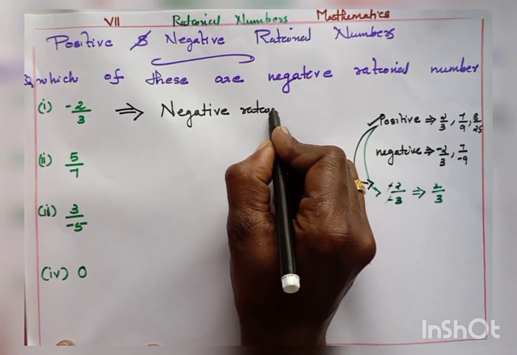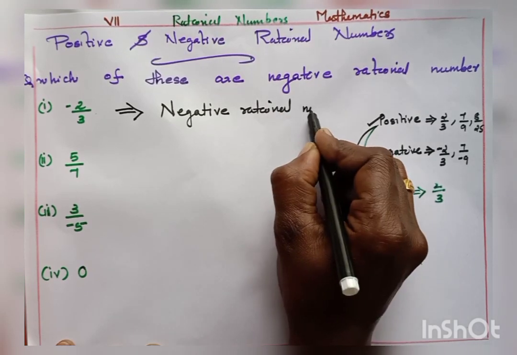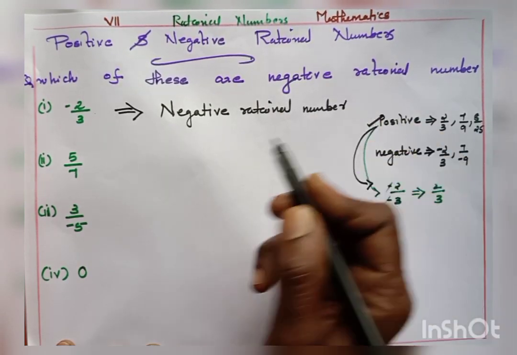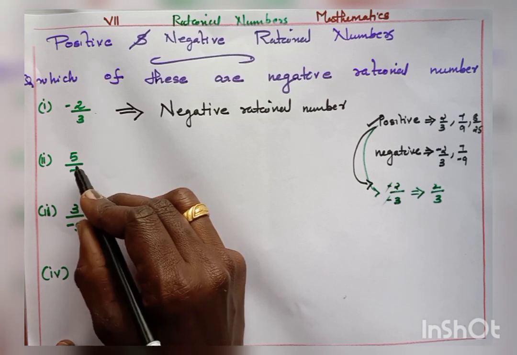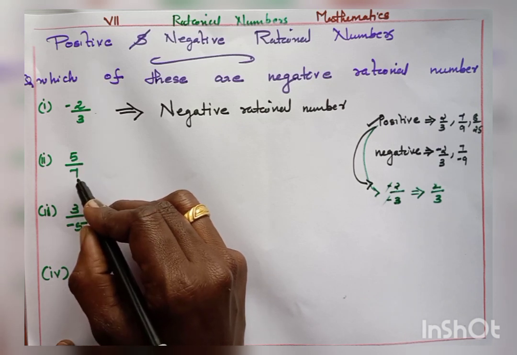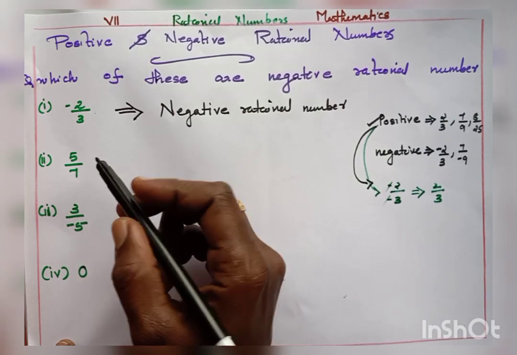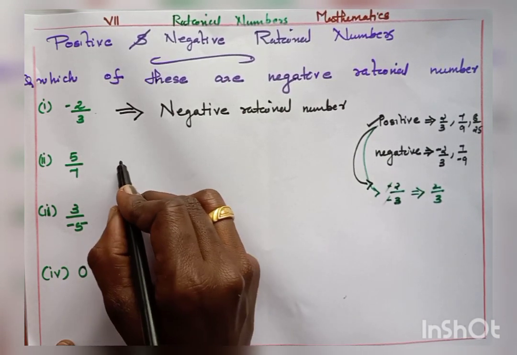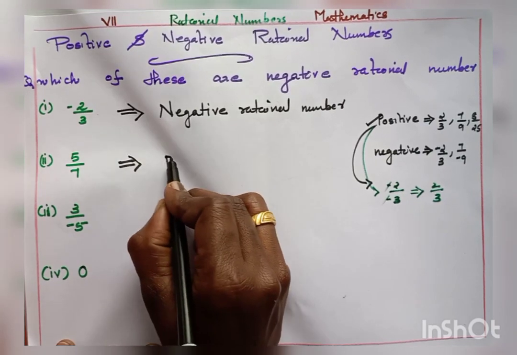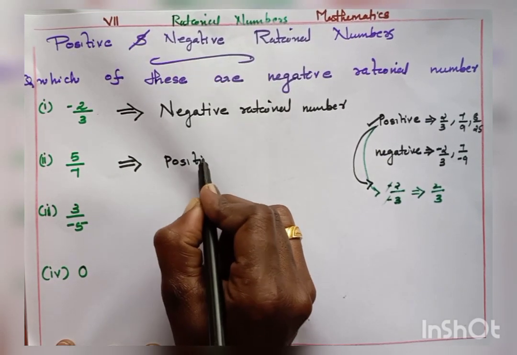Okay, then next question, 5 by 7. The numerator is positive and the denominator is positive. So, when the numerator and the denominator both are positive, that is a positive rational number.